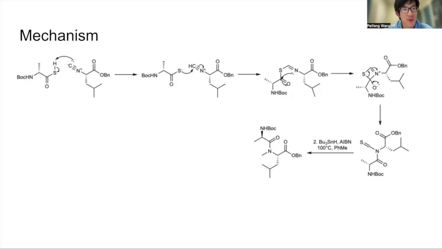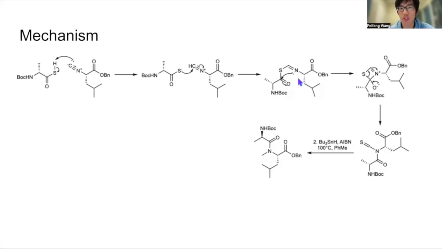Let's talk about our proposed mechanism of an important step in this whole synthetic route, the reaction between the thio acid and the isonitrile group. The thio acid is about 8 times stronger than acetic acid, so the hydrogen can be deprotonated by the lone pair on the isonitrile group. Then the conjugate base of the thio acid will act as a nucleophile to attack the isonitrile.